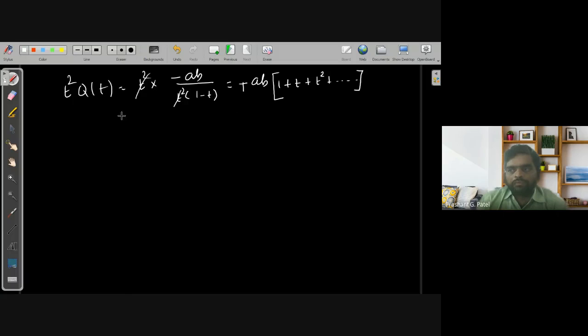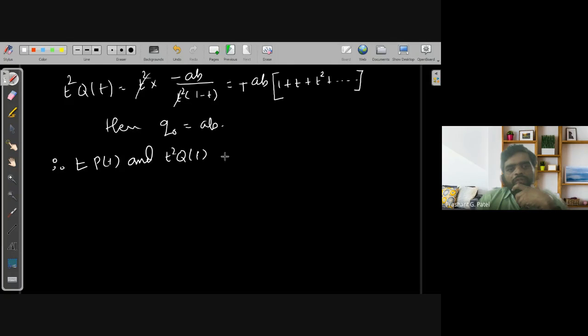So here you will have q0, which is ab. So therefore, what we can say, this t into p of t and t square into q of t are analytic at t equal to 0, because they have the power series.